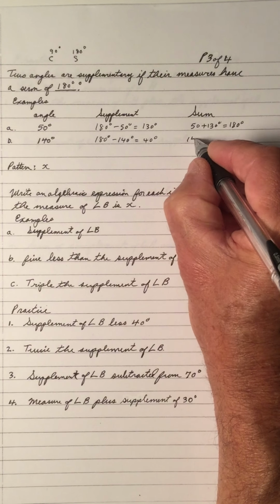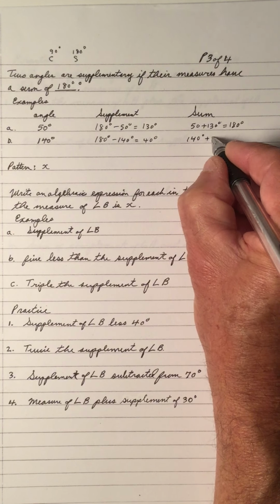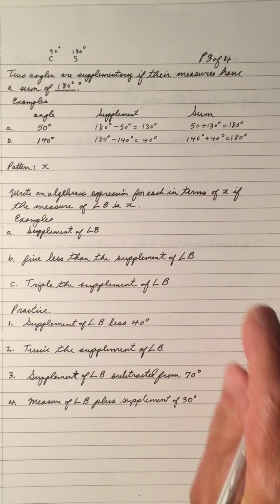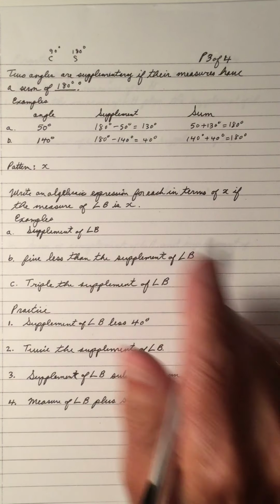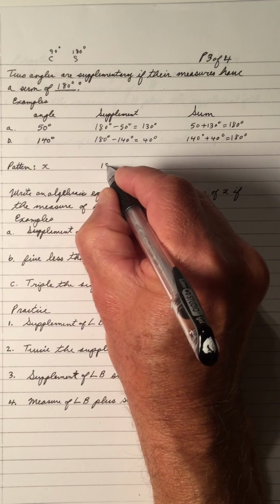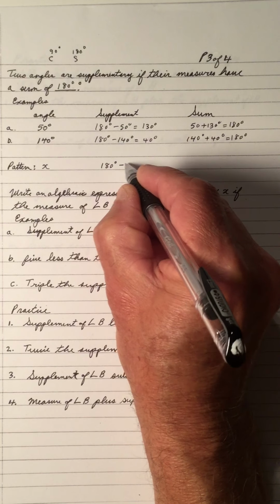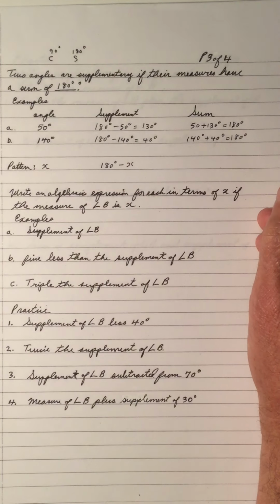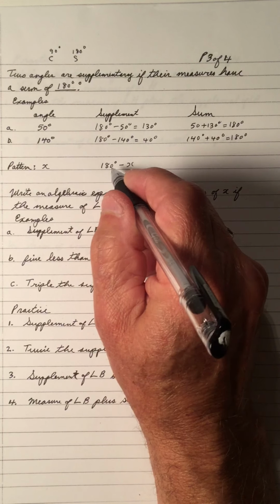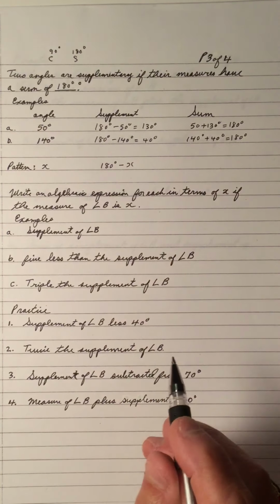The sum of 140 plus the supplement of 40 gives you 180. Following that pattern, if you have an angle x, then the supplement is 180 minus the measure of x.